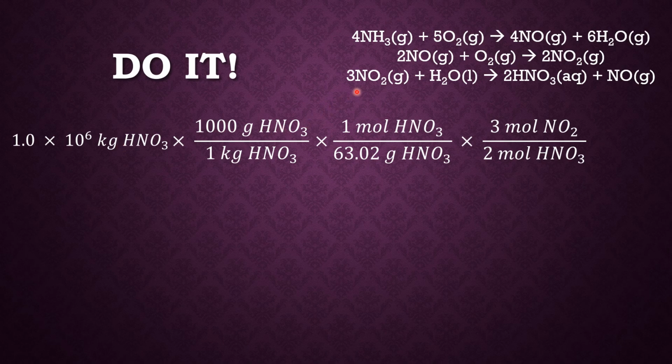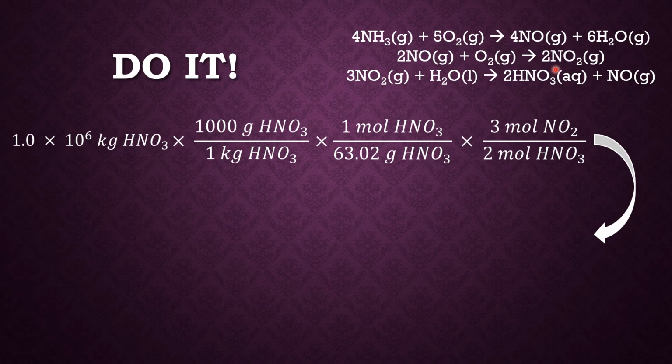And we do know, though, that all of this nitrogen dioxide comes from this second reaction. So we can continue to trace it back. Run out of room here. We're going to go on to the next line. But we have our moles of nitrogen dioxide, which is how much it takes to make hydrogen nitrate, but it's also how much comes out of this second reaction.